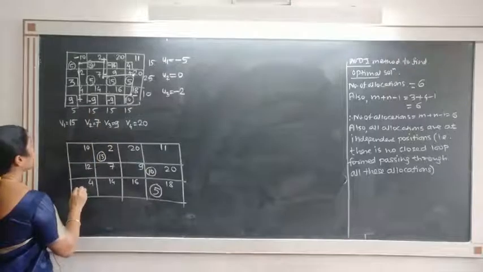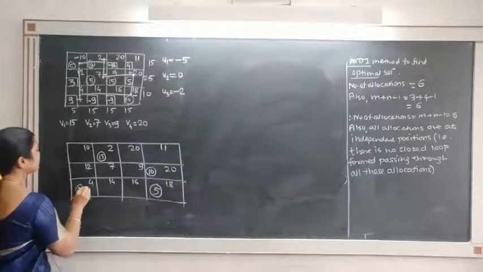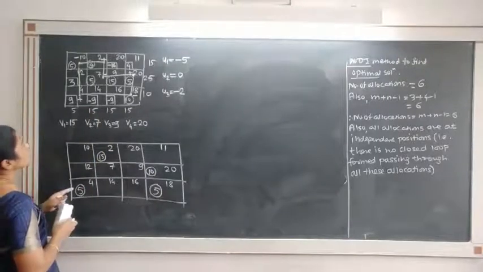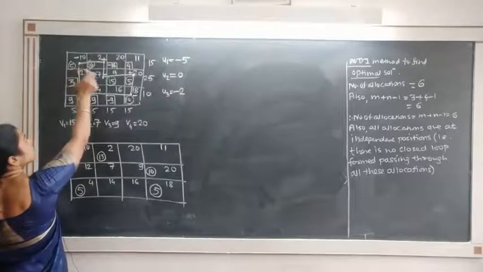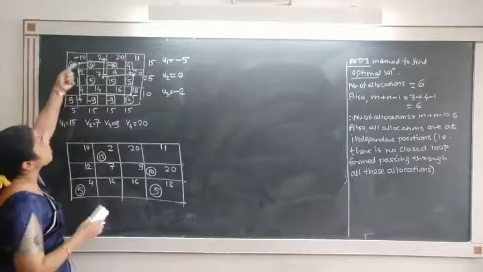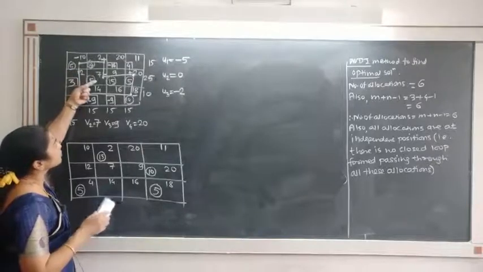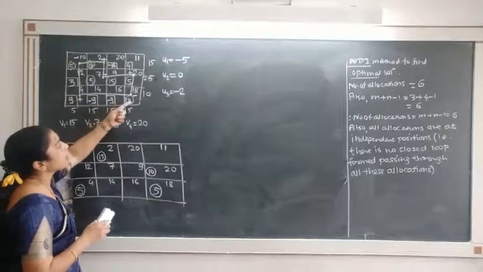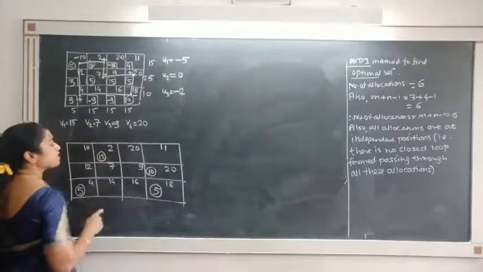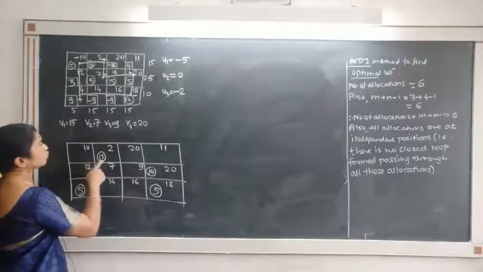Adding 5, there is no allocation. Now this cell enters the solution. So 5 comes here. And this 5 gets cancelled here. Because we are subtracting 5 from those cells where there is minus sign and adding where it is plus sign, we get the solution.